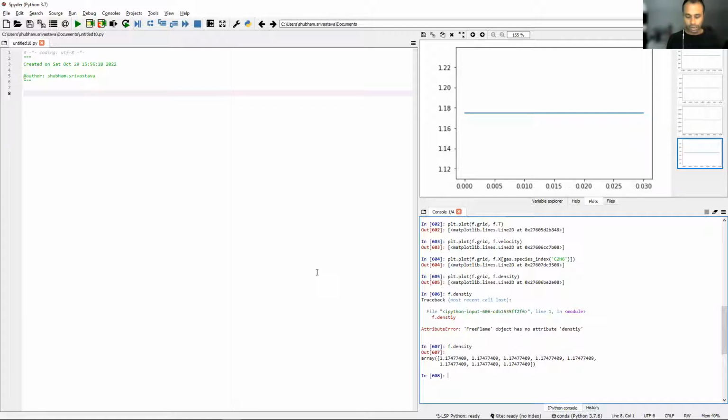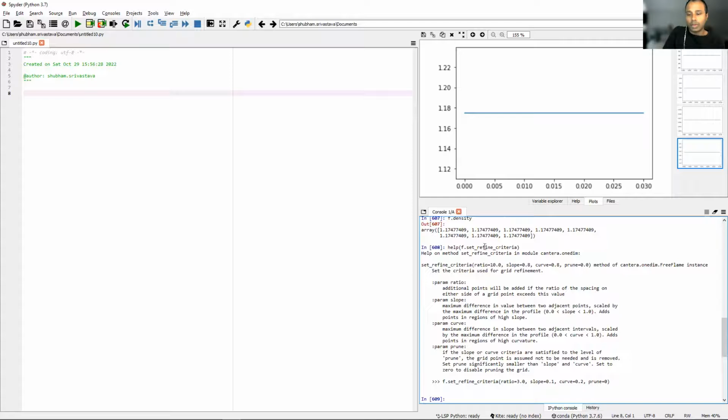So let's look at the refining criteria. Let's look at the help for f.set_refine_criteria.